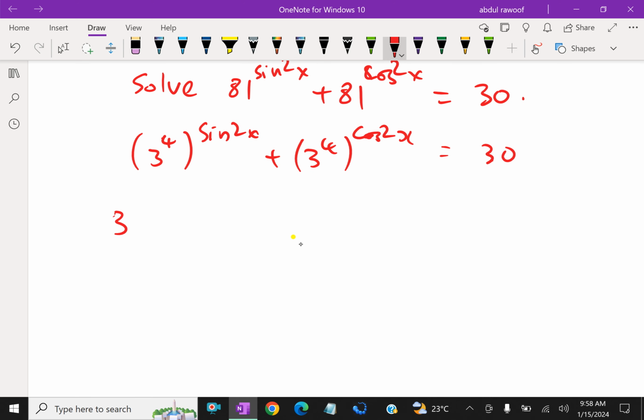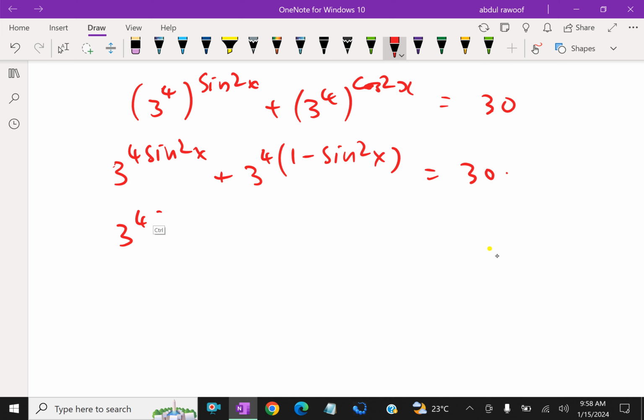Further, 3 power 4 sine squared x, because the powers are multiplied. Here 3 power 4 cos squared x can be written as 3 power 4 into 1 minus sine squared x, because cos squared x is expressed as 1 minus sine squared x, equal 30.